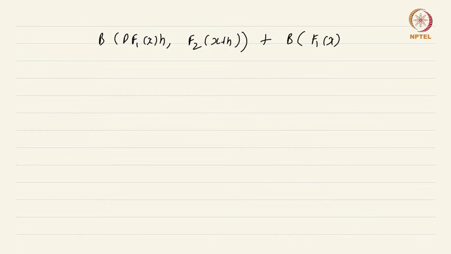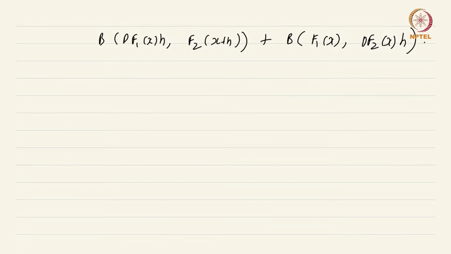So let's apply the definition of the derivative to both f1 and f2, and we immediately see that we get B of df1x h, comma f2 of x plus h plus B of f1x, comma df2 of x h.